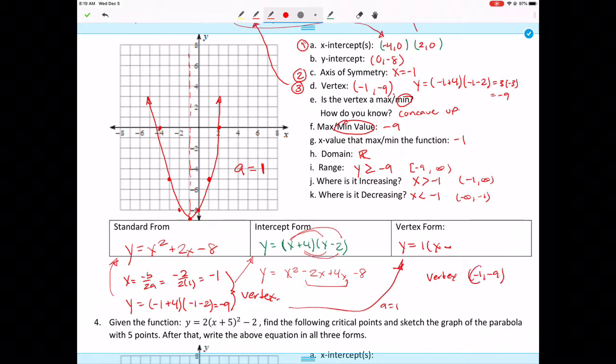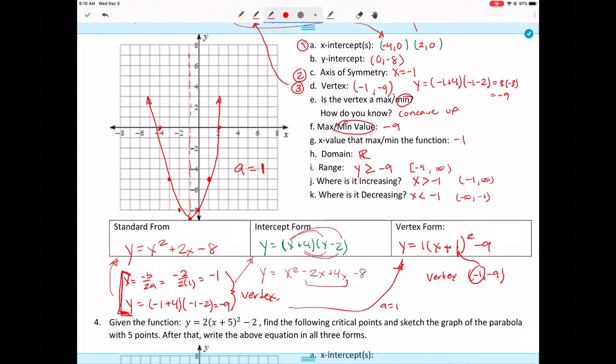So we'll plug that negative 1 in here, giving us a positive, squared, minus 9. All right, so basically what we did already, but if you were given an equation and you didn't have the graph, then you could just use axis of symmetry and then find the y value to give us our vertex and then plug it into our vertex form.